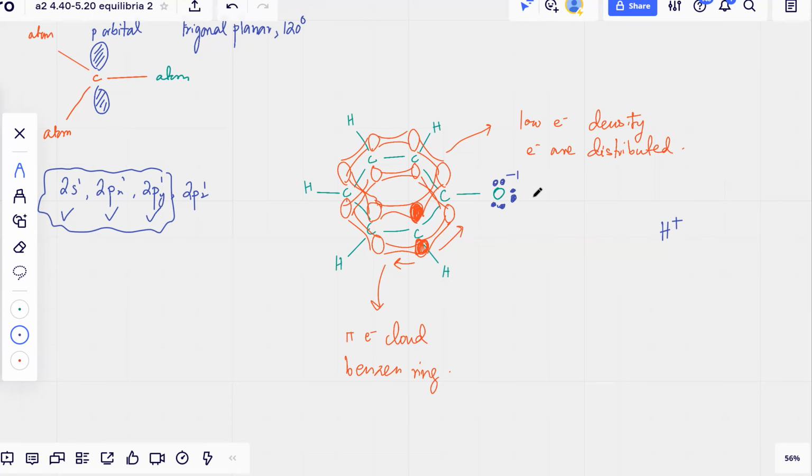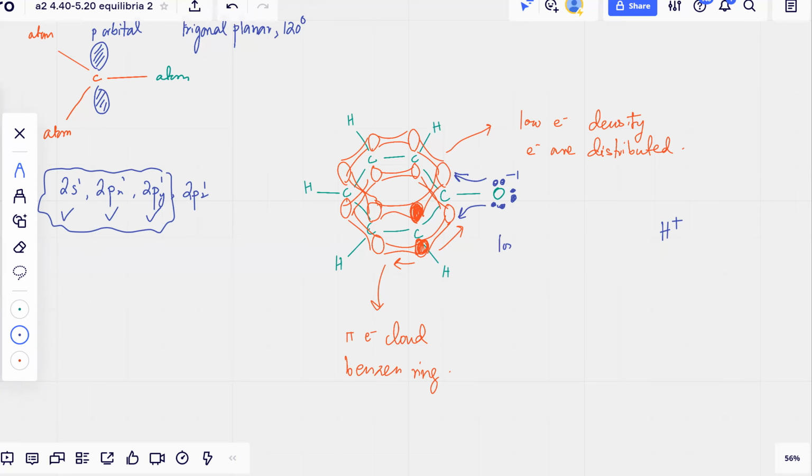Over here you've got low electron density. So the electrons from this oxygen start overlapping with benzene's electron cloud, and get distributed or mixed up with the benzene electron cloud.